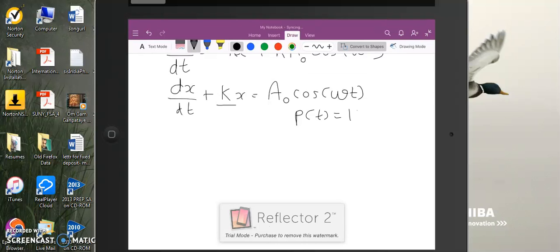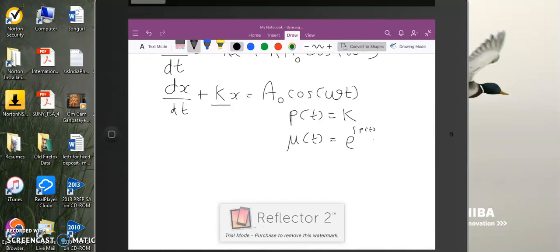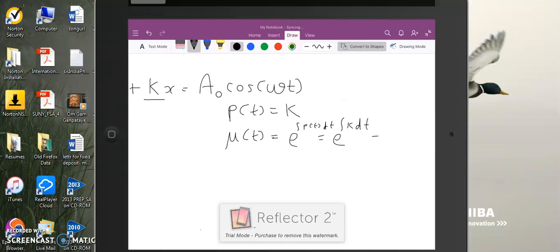So p of t equals k, and mu of t equals e to the integral of p of t dt, which equals e to the integral of k dt, which further equals e to the kt.